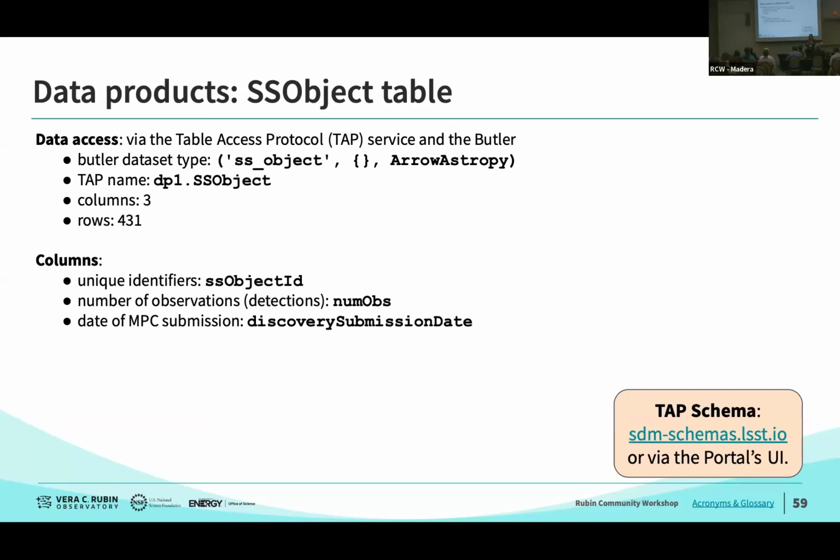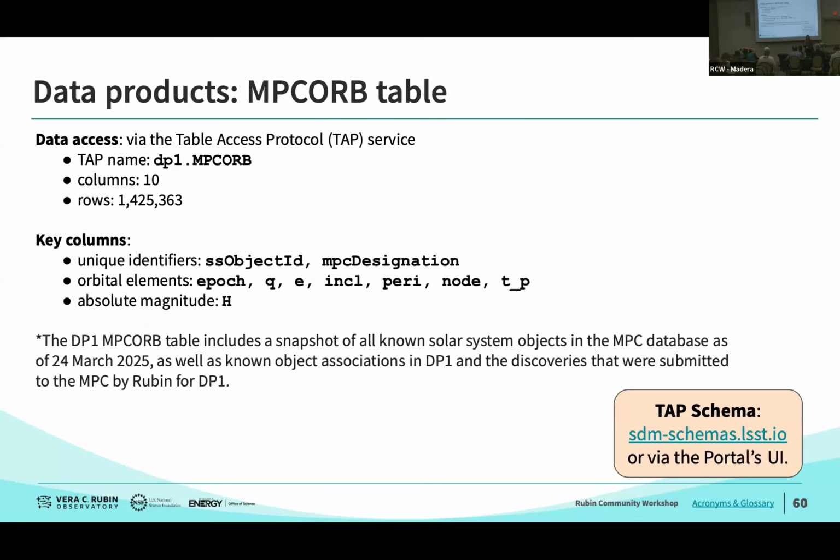And then there's a discovery submission date value as well, which is the date that the moving object was submitted to the MPC, or the Minor Planet Center, for objects that are newly discovered by Rubin. So objects that are new discoveries will have a non-zero discovery submission date entry. If it does not have a discovery submission date, that means it's an object that was associated with a previously known moving object in the solar system.